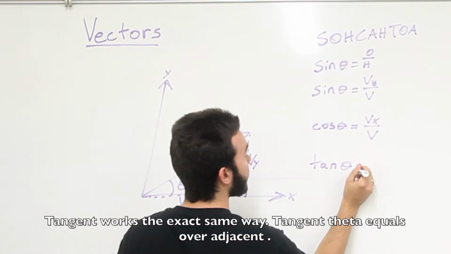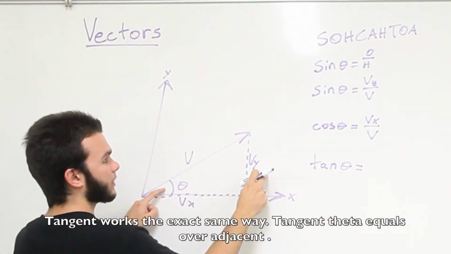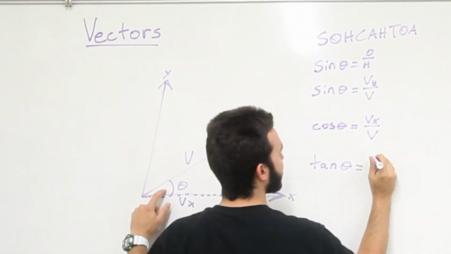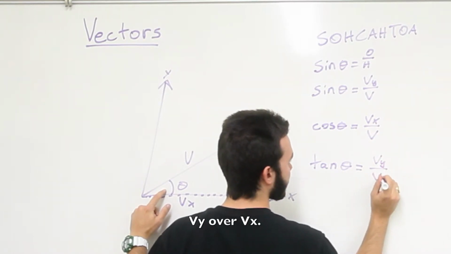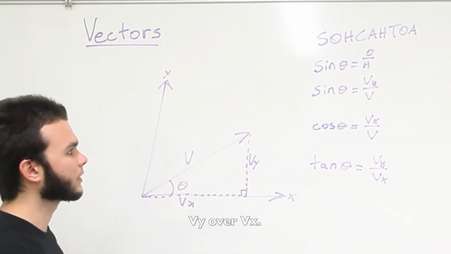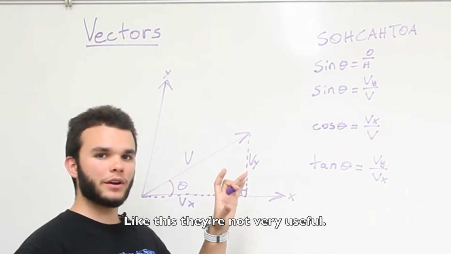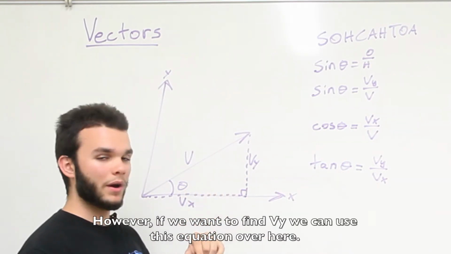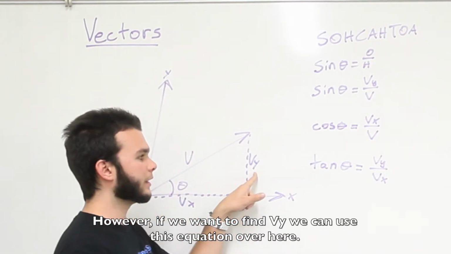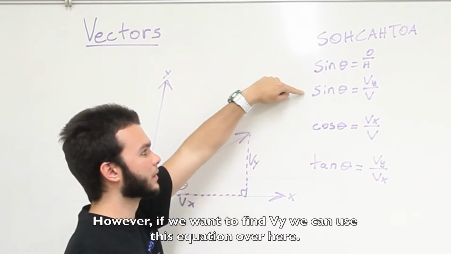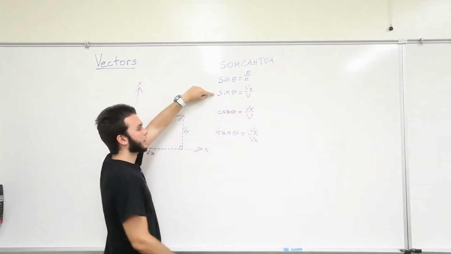Tangent theta equals opposite over adjacent, so Vy over Vx. Like this, they're not very useful. However, if we want to find Vy, we can use this equation over here.